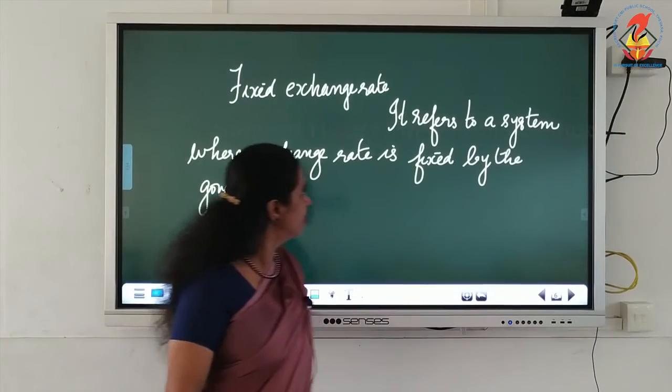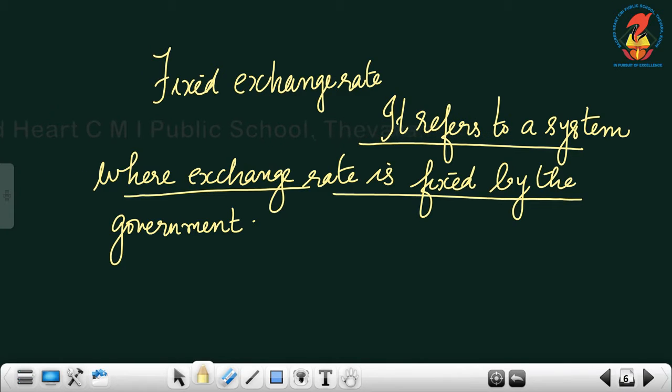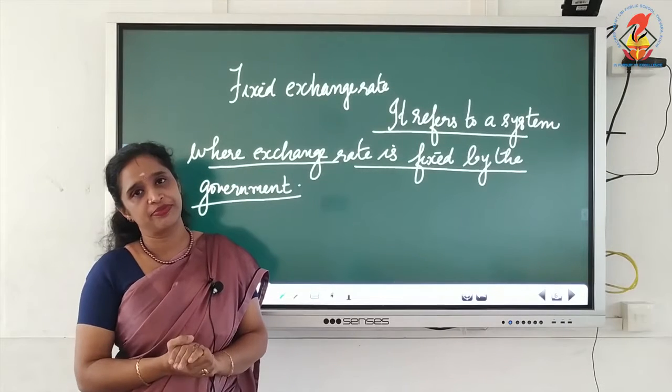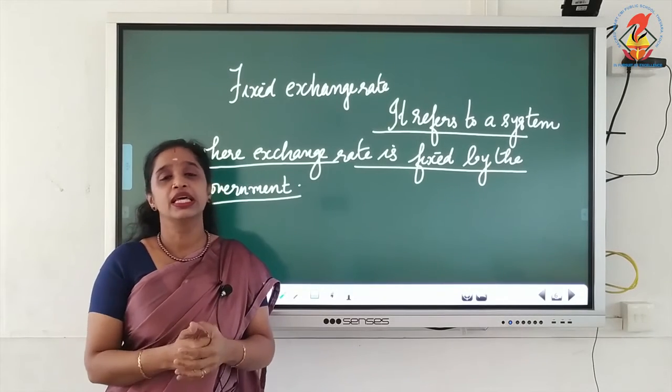What is meant by a fixed exchange rate system? It refers to a system where the exchange rate is fixed by the government. So government is the sole authority where the exchange rate is being fixed. I told you this was practiced in the olden days.